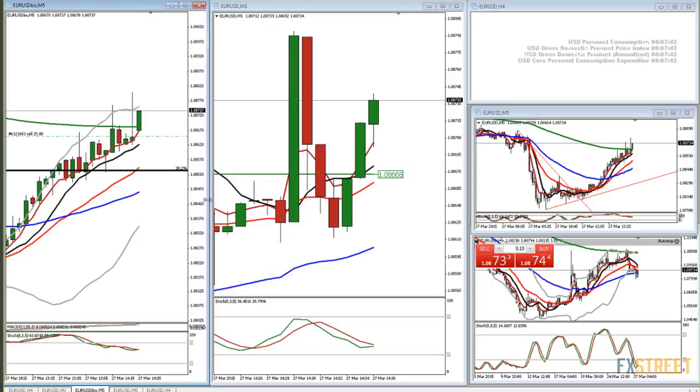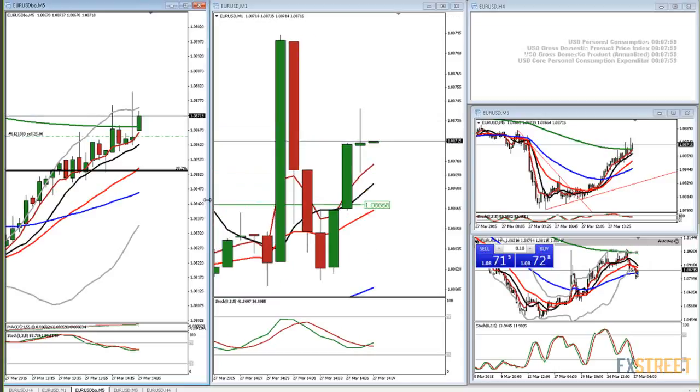And if the yield differential is in my favor, I collect the swap, which is the interest rate payment on top of the pips. 7 days a week, I'm earning interest. So that can be really good for my portfolio. And I cannot enjoy those benefits if I'm in a binary.